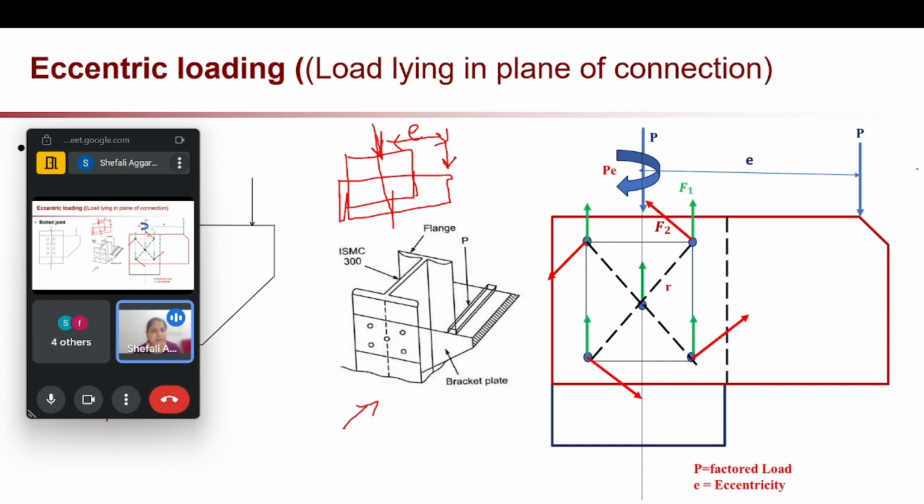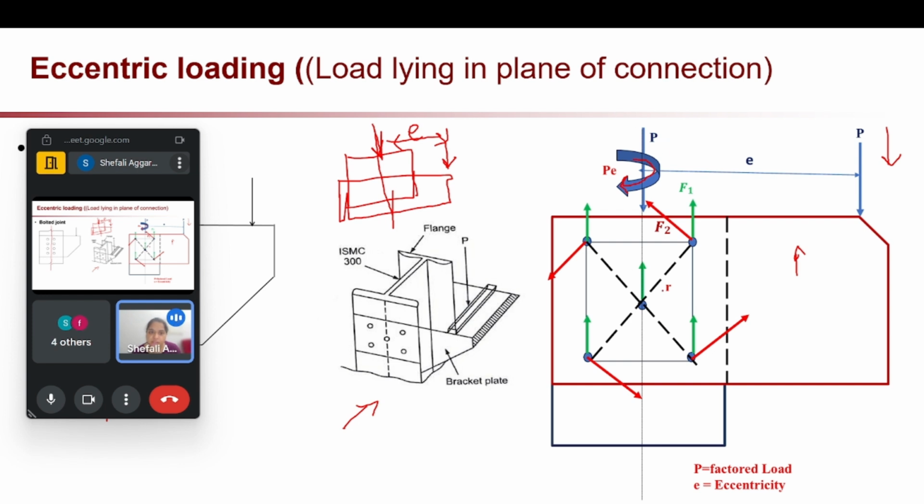So two things are happening. One is axial load acting, so two types of force will be there. One counteracts this axial force in the vertical direction, here it is F1. Secondly, because of this eccentricity, a moment of P times e will be created at the CG point.